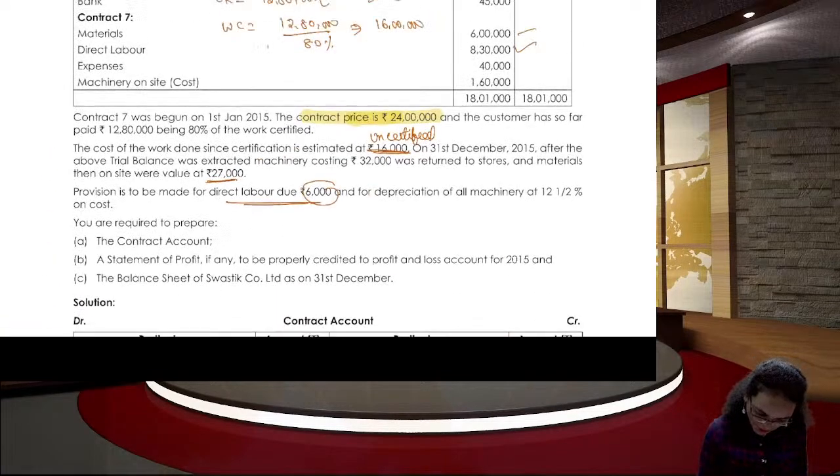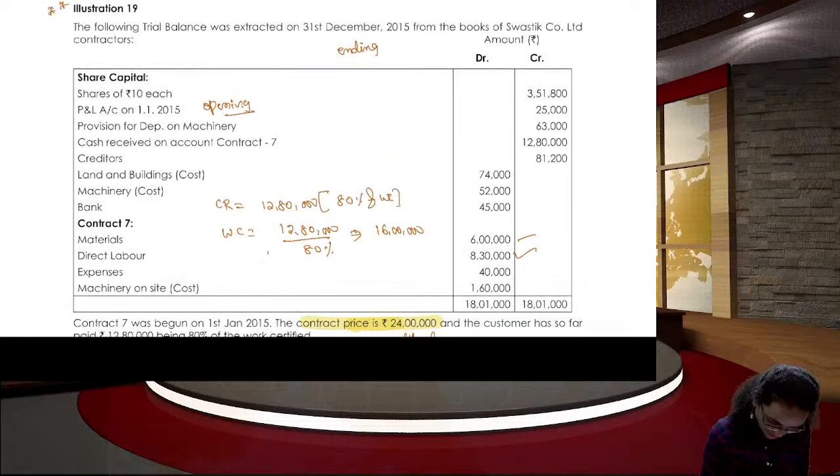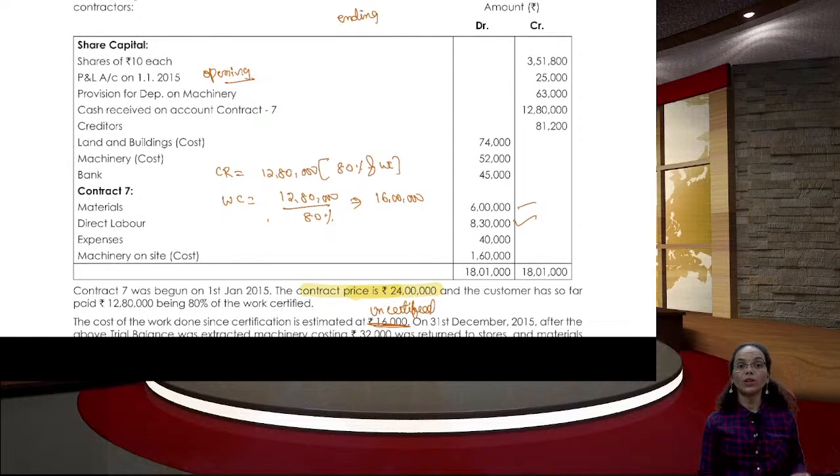So the depreciation part I didn't write. 12.5% on all the machineries. What is a machinery? I told you earlier also, once again I am telling you, when machinery information opening and closing is given, it's better you take the opening one this side and closing one this side.